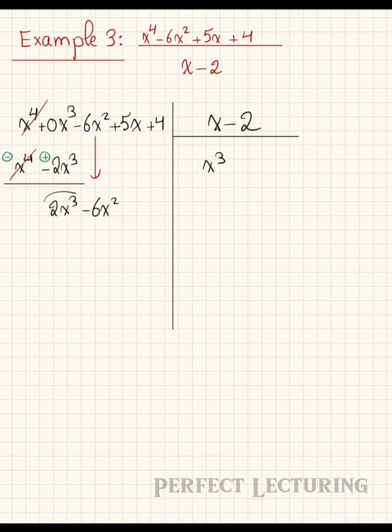Then 2x to the power of 3 divided by x, that is plus 2x squared. I distribute. This becomes 2x cubed minus 4x squared. I change the signs. This is a minus, that is a plus. Cancel out. That is a negative 2x squared. Then I move the 5x down.